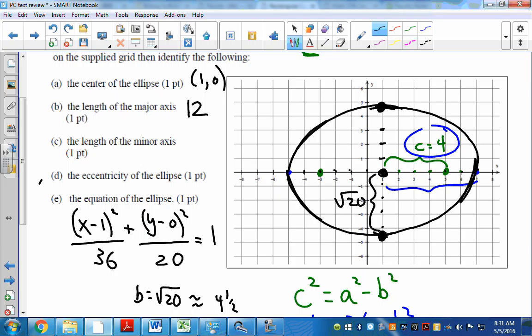Length of the minor axis, 2 square roots of 20. And you can clean that up if you like, though you don't have to. So what's that? 4 square roots of 5, because 20 is 4 times 5, right? Okay, that's problem number 3. Let's go to problem number 4.